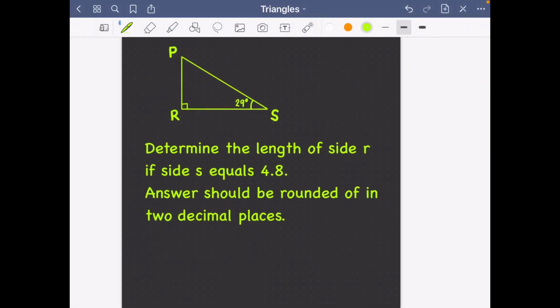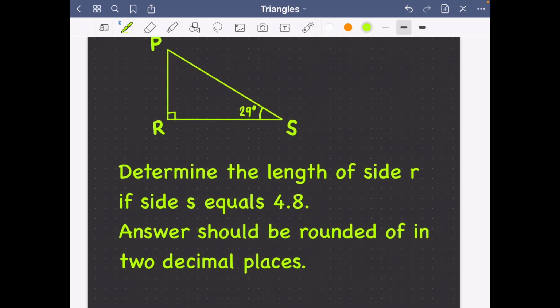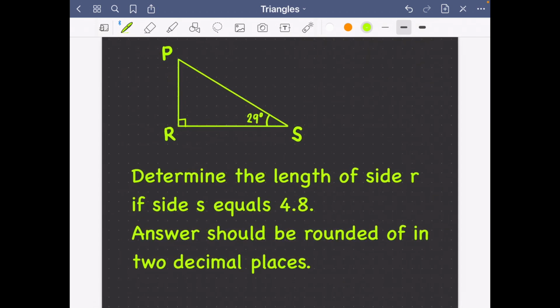Okay, so let us discuss question number 2. So here I have triangle PRS. Angle R is the right angle. Determine the length of side R. Now let us determine first, where is side R?